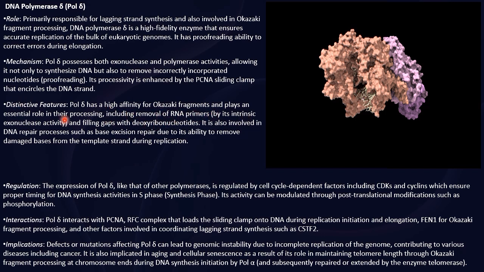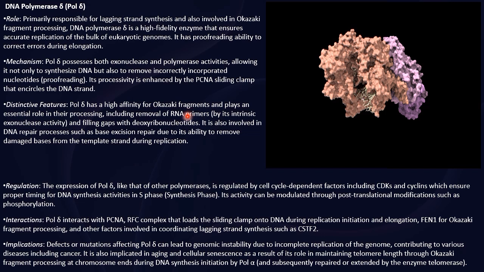That is, when DNA pol delta synthesizes the lagging strand, it also has the ability to remove the RNA primers using its exonuclease activity and synthesize the complementary DNA, thus filling the deoxyribonucleotide gaps caused by the primers.